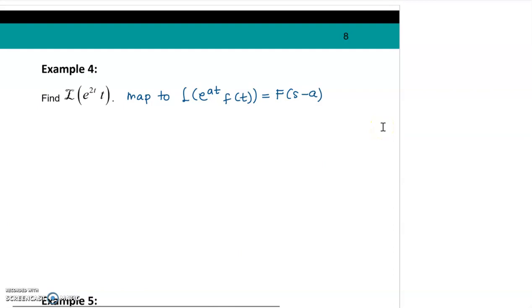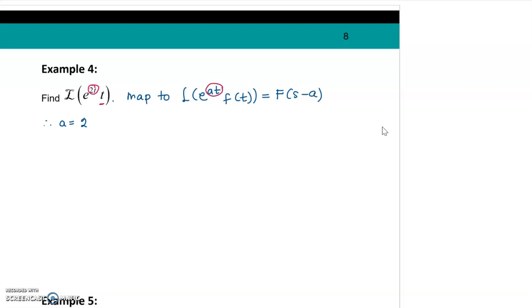All right. So in this case, if we map e to the 2t times t to e to the at f(t), we know that our a is supposed to be what? 2. So you look here: we have e to the 2t, you map to e to the at here.